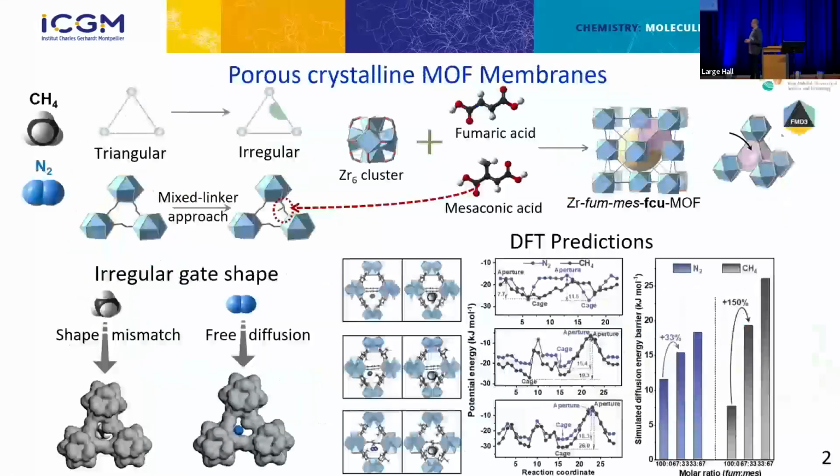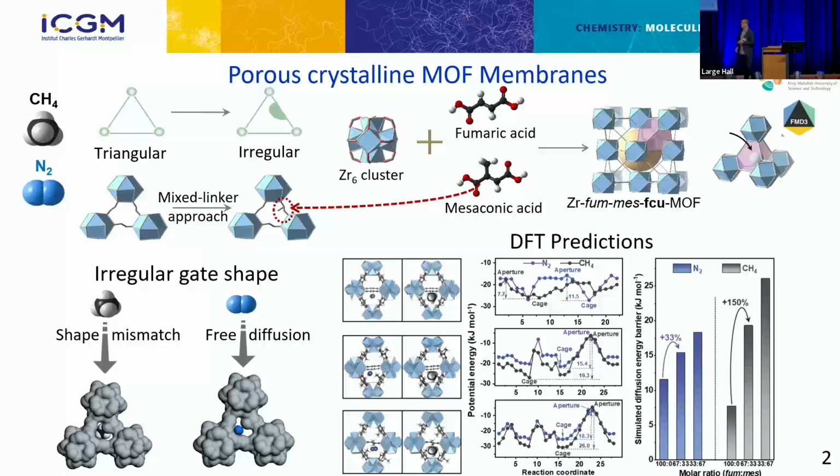And here the idea was first, I show you one example of a pure MOF membrane. It is the platform that was initially introduced by Osama in his talk, the fcu topology.